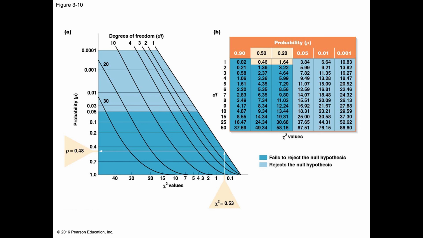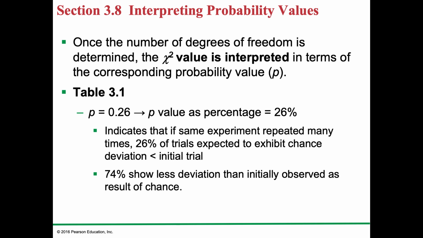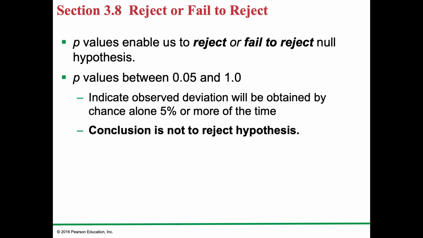I'm like, still too much. The smaller that p-value is, the more likely that an experimental condition or an experimental modification contributed, not just chance alone. So that's how you can do the math. Again, p-values enable us to reject or fail to reject our hypotheses.